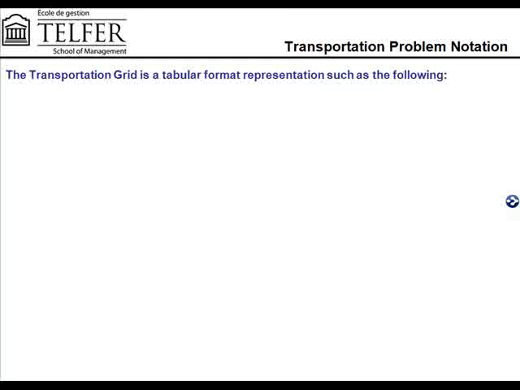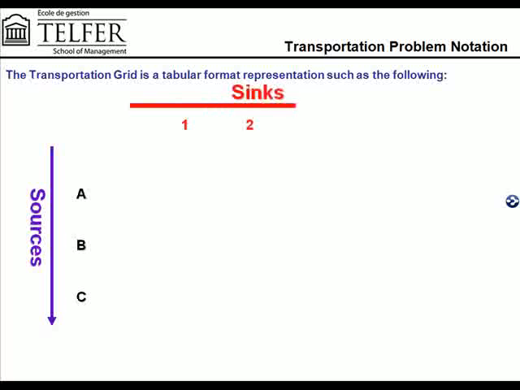It's a tabular format representation of demand points and supply points. Along your vertical axis, you have all of your sources or your supply points. In this case, we have three supply points, A, B, and C. On the x-axis, or the horizontal axis, you have your sinks or your demand points. In this case, we have 4 demand points, 1, 2, 3, and 4.